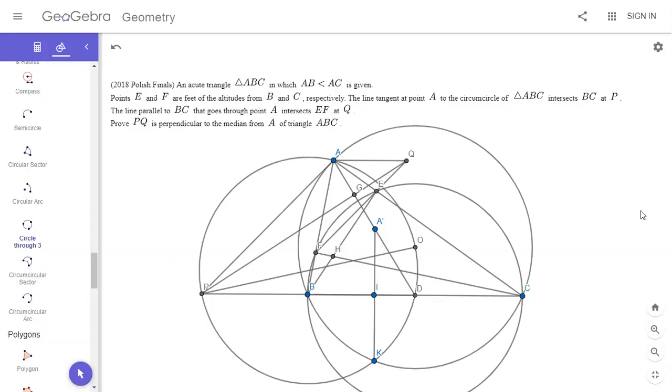Guys, have any other thoughts? All right, I'll give it a couple more minutes and then I'll just show you guys the solution that I've seen.